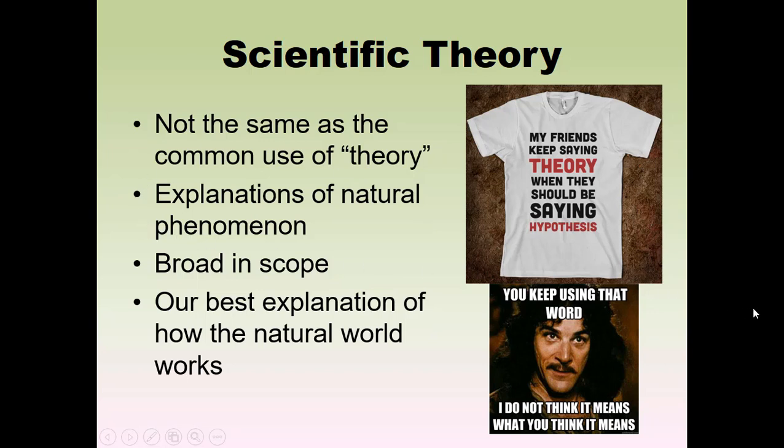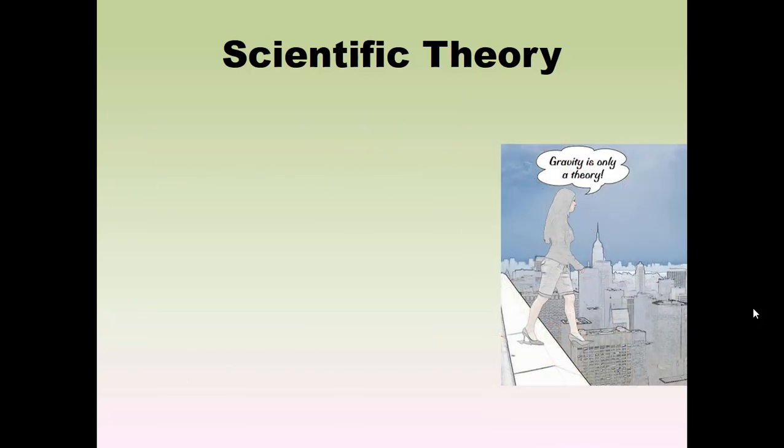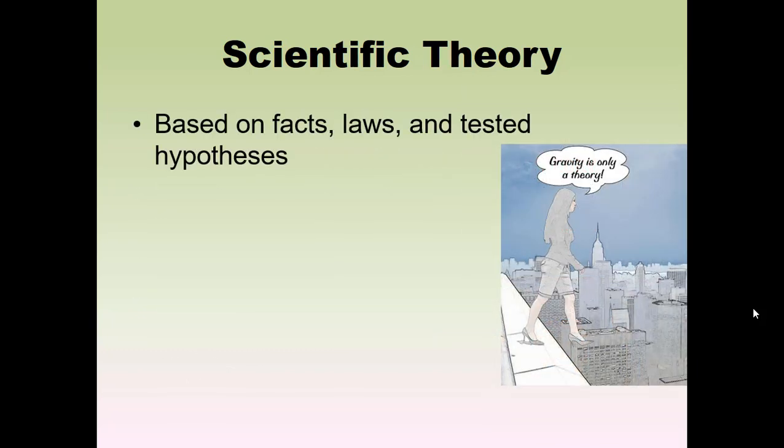Now we have to appreciate that not all theories are created equal. Some theories have more support than others. All right? So we'll come back and talk about that in a moment here. Scientific theories are supported by facts, laws, and tested hypotheses. So when we're talking in science that something is a supported theory, that is, it has been tested and is supported.